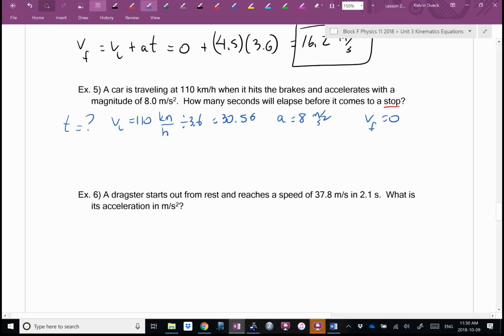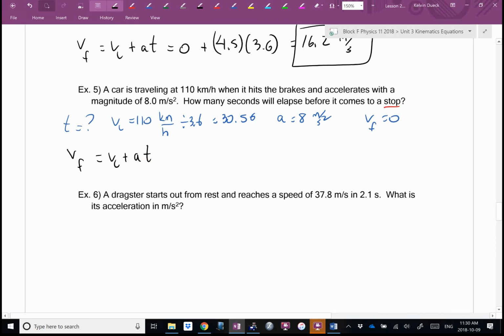Thomas, is there an equation that has a t, a vi, an a, and a vf in it? Say yes. In fact, it's this same equation here that Chad read to us a moment ago. It's this one. vf equals vi plus at. What's this question asking me to find? We're going to get the time by itself. How?